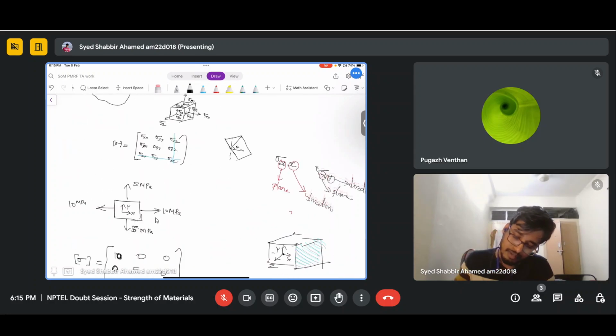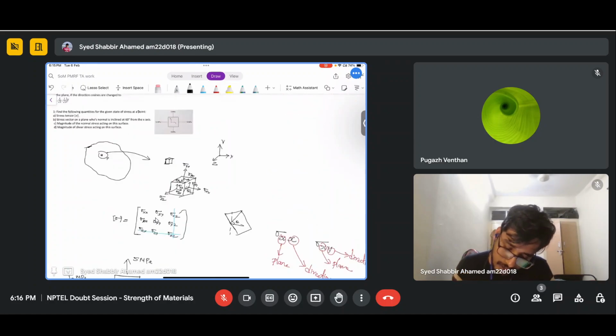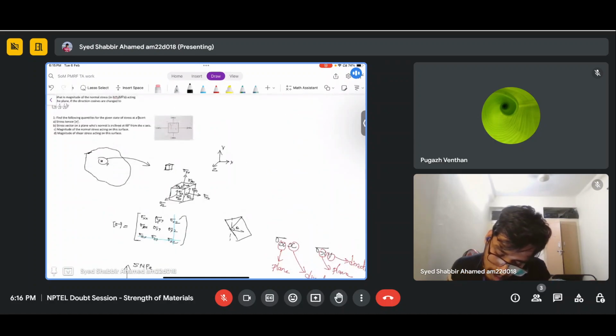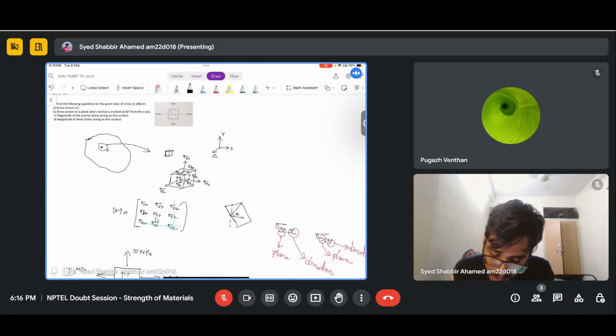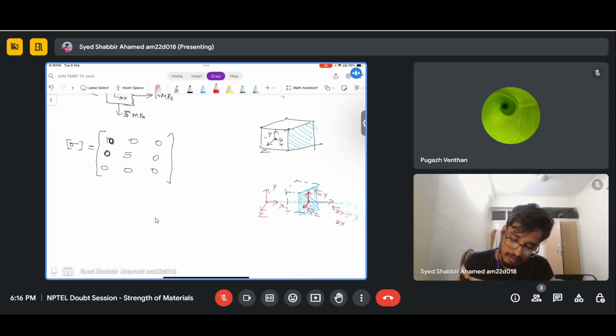So the next question is the stress vector on a plane whose normal is inclined at 60 degrees from the x-axis. I'll take the diagram again.